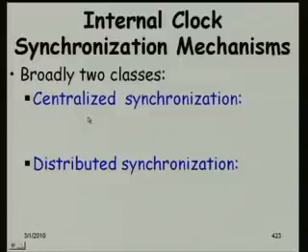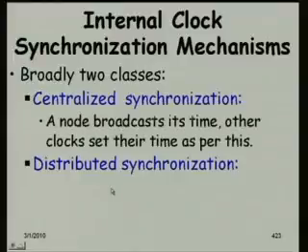One of the clocks of the system will be the central clock or the master clock, and the clock values from that will be used to synchronize all other clocks. Whereas in a distributed synchronization, the clock values across many clocks will be used to synchronize the different clocks.